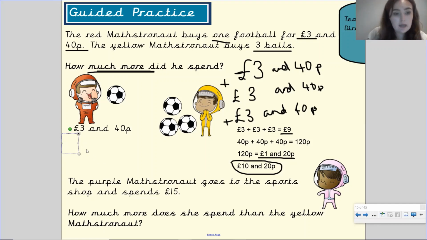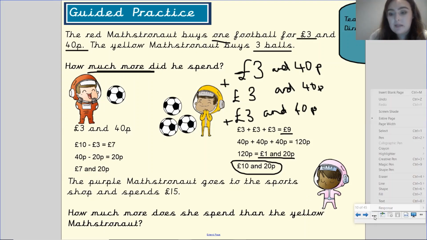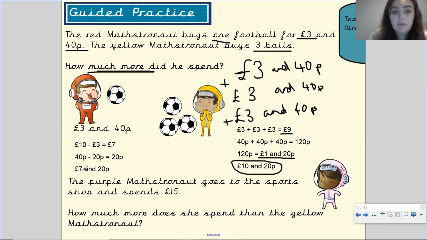Okay, just because I don't have a lot of space on my board here, I'm going to do a subtraction. So £10 take away £3, do the pounds first, we know is £7. Then 40 pence take away 20 pence equals 20 pence. So therefore the difference is £7 and 20 pence. So the yellow astronaut spent £7 and 20 pence more than the red astronaut.